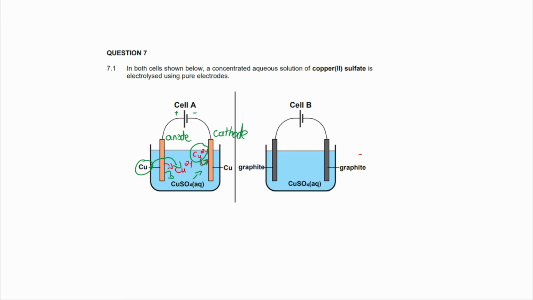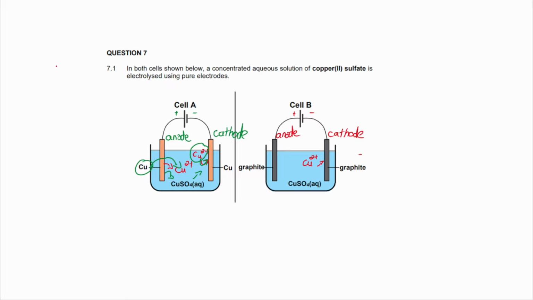Here's positive, here's negative, so here we have the anode and here we have the cathode. The cathode is where reduction takes place, a gain in electrons. So here the Cu2+ ions gain electrons to become solid copper.